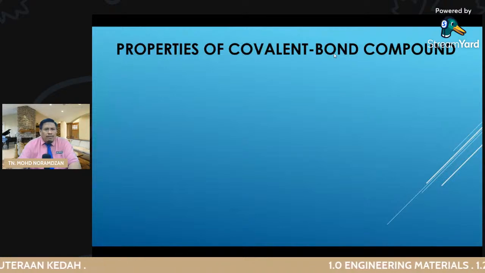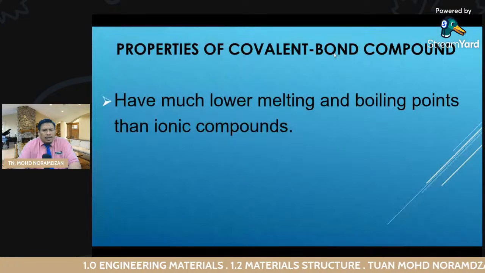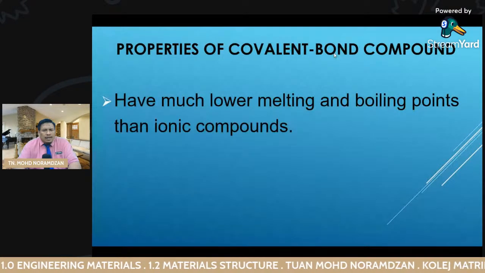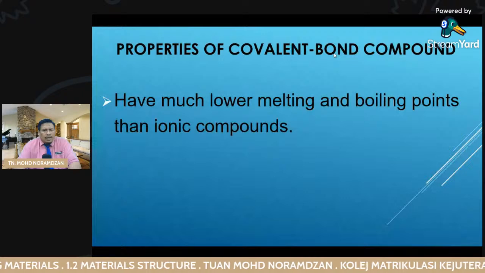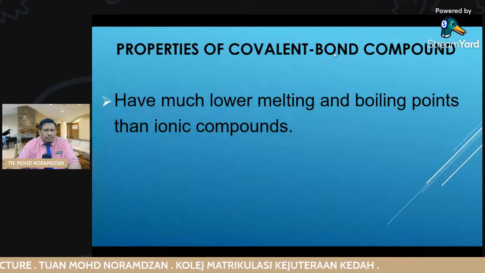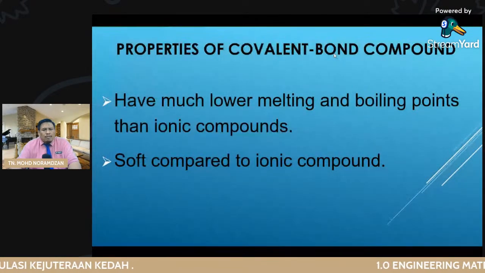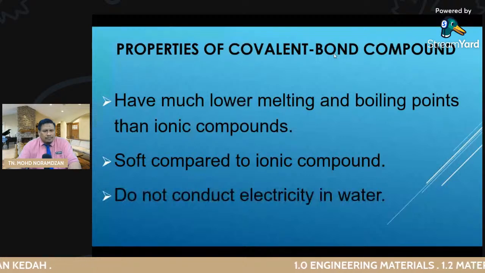Properties of covalent bond compound: have much lower melting point, that means it easily melts, and the boiling temperature is very low. Soft compared to ionic compound, very soft. Do not conduct electricity in water.